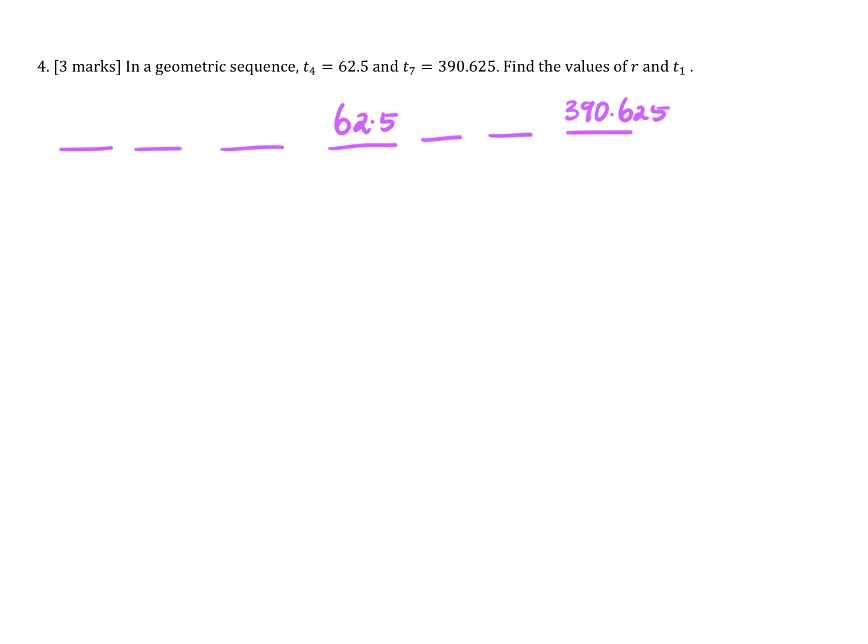Now, again, we've got some choices for this one. We can do a method sort of like I did before, or we can do some simultaneous equations. For this one, it's a geometric sequence, so I'm multiplying by R to get there, by R again, and by R again. So now I have 62.5 times R times R times R, that means times R cubed, equals 390.625.